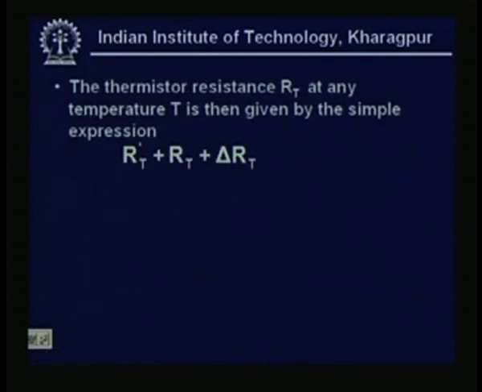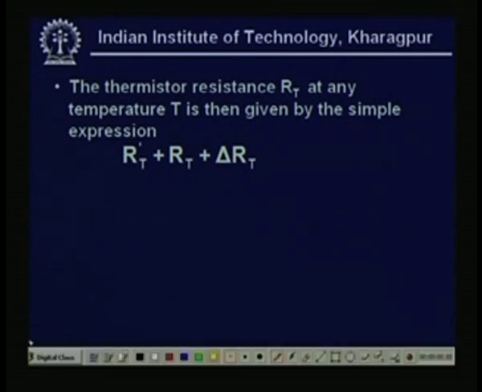Now, the thermistor resistance RT dash at any temperature T is then given by the simple expression, actually this is wrong, mistyped. This will be an equal sign, that means RT dash equal to RT plus delta RT, right.